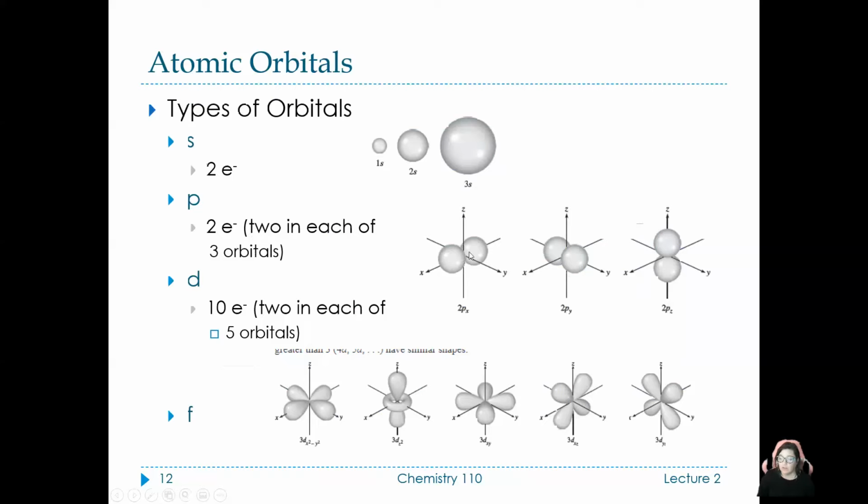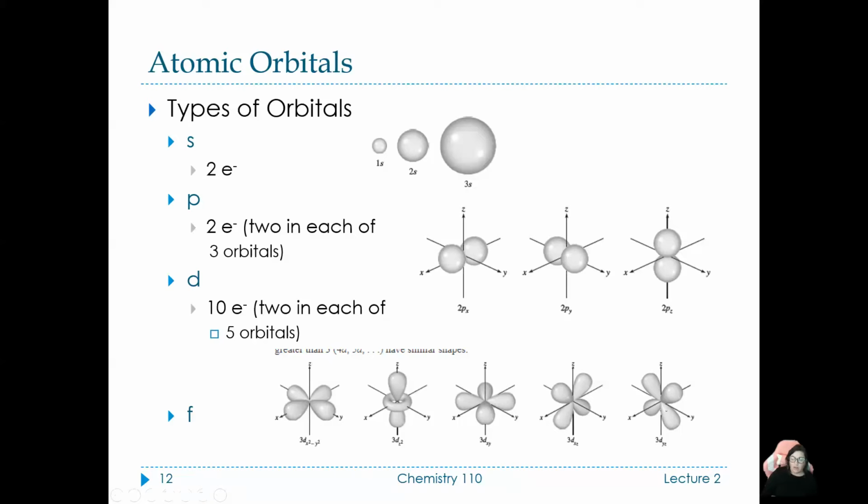So 2 in here, 2 in here, 2 in here. So any given orbital has 2 electrons. Total for the d is 10 electrons, 2 in each of the 5 orbitals. So 2 here, 2 here, 2 here, 2 here, 2 here. For f, there are 7 orbitals, which means a total of 14 electrons.